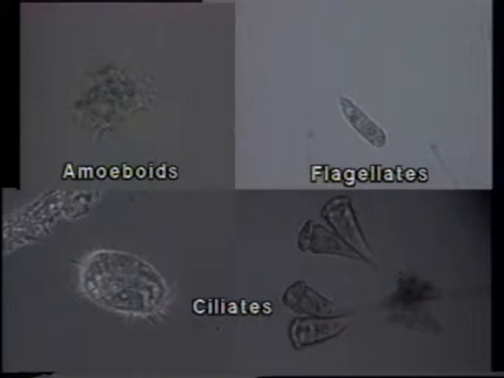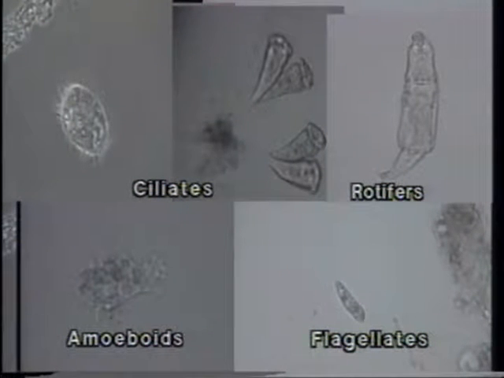For example, a predominance of amoebas and flagellates with some ciliates can indicate a young sludge characterized by poor settling. A predominance of ciliates with a few rotifers, flagellates, and amoebas indicates a good quality sludge characterized by good settling and high treatment efficiency.